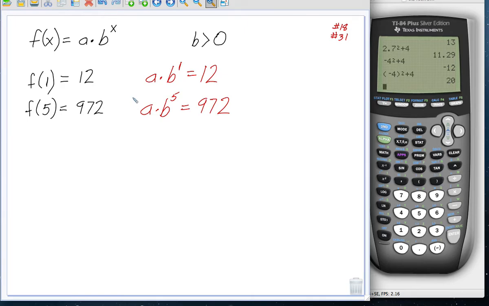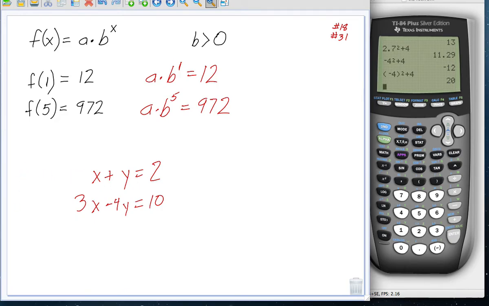When we did things at the beginning of the year like x plus y equals 2 and 3x minus 4y equals 10, if you remember doing those, the strategy was to multiply and then add or subtract to make one of the variables go away.